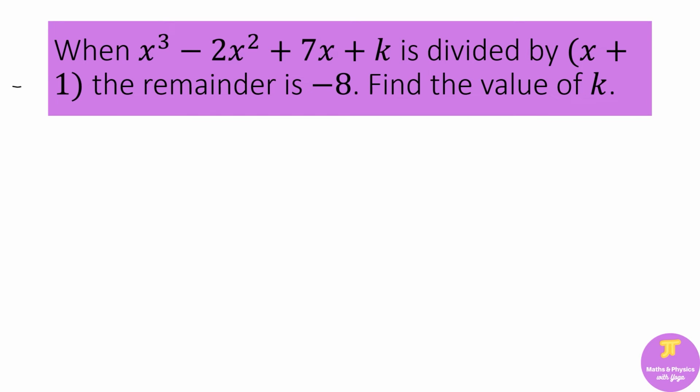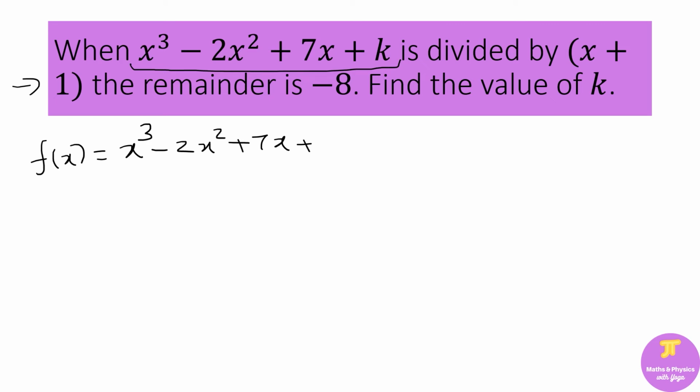And let's look at another question. There's a cubic function. Let me write f(x) is x cubed minus 2x squared plus 7x plus k. And they are saying when it is divided by x plus 1, the remainder is minus 8.